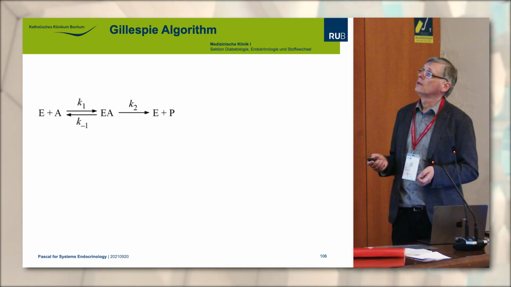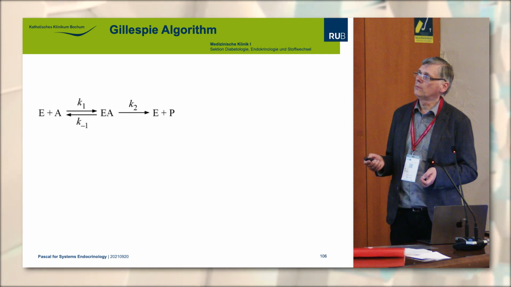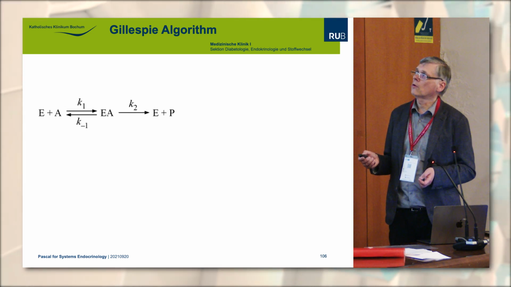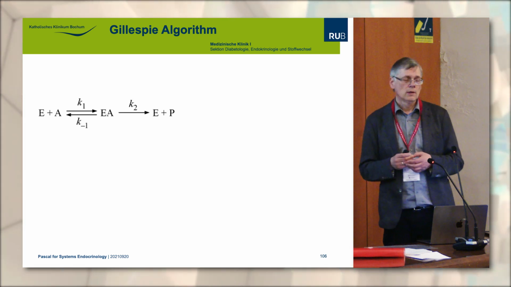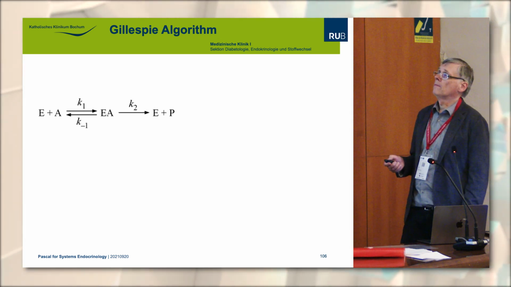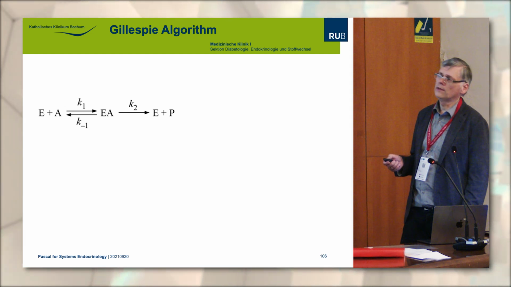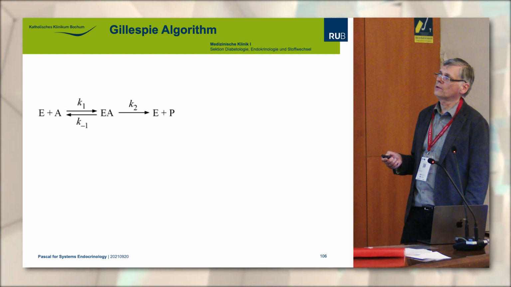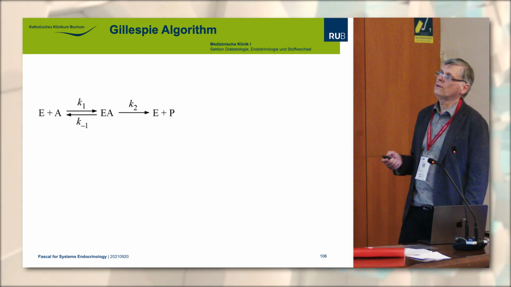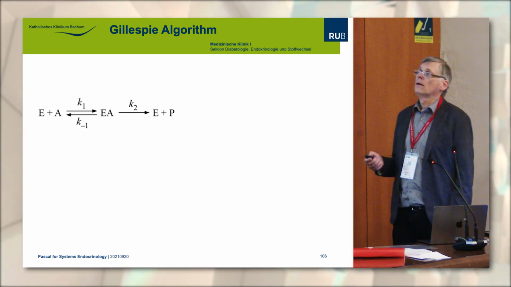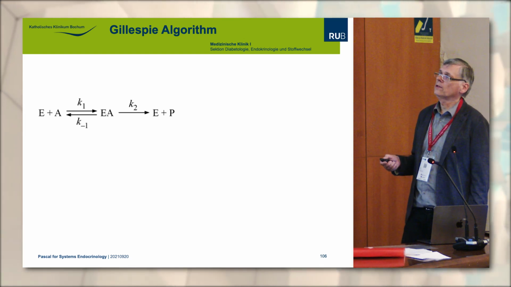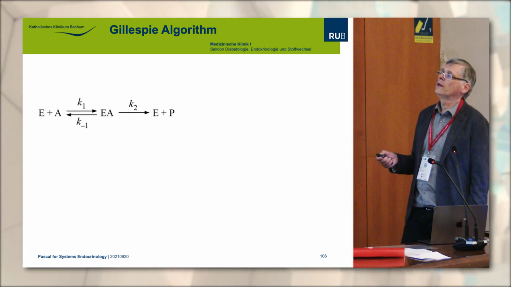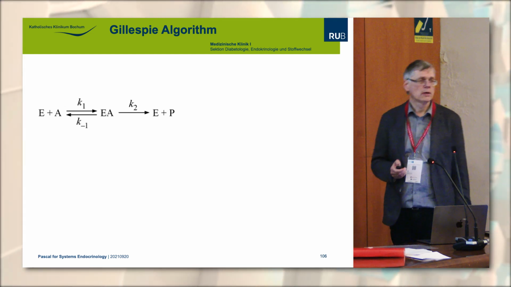And for this system, let's assume we have here an enzyme and then a substrate, and again the rate constants for the enzyme-substrate complex, and finally the enzyme and the product. The enzyme and the substrate are converted with the rate constant K1 to the enzyme-substrate complex, and this dissociates again either to the starting substances with a rate constant K minus 1, or to the enzyme and the product with a rate constant K2.